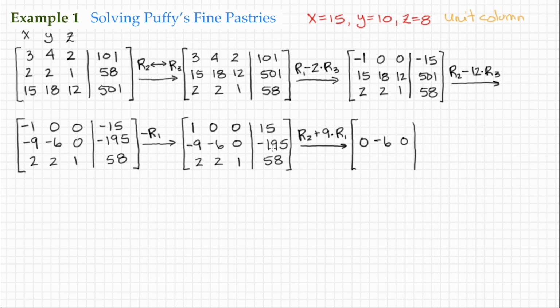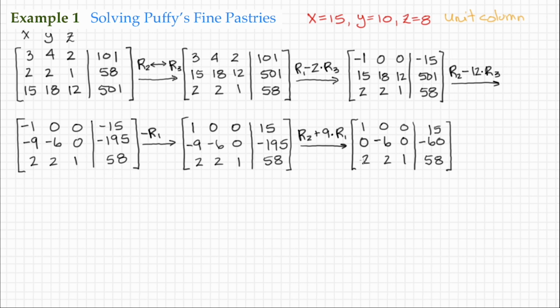Negative 195 plus 135, that's negative 60. Close off my bracket, and then we could fill in the rest. 1, 0, 0, 15. 2, 2, 1 and 58. So you can see how we're changing this into a unit column.